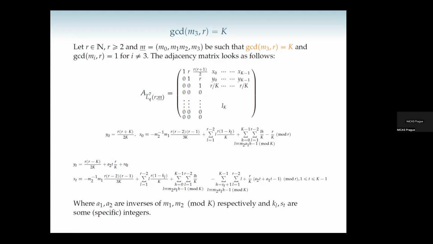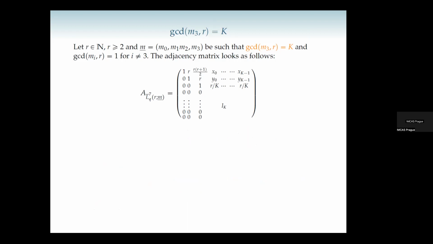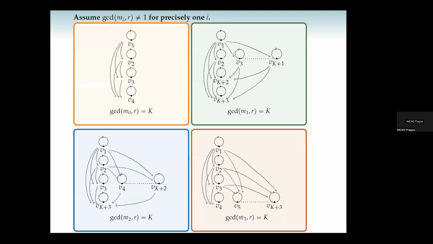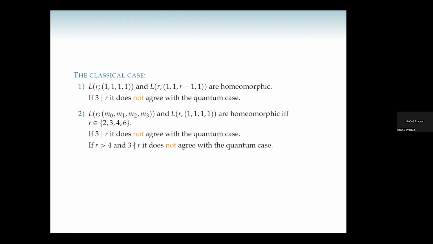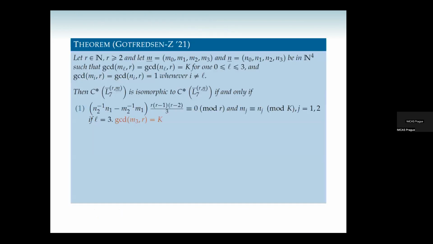But it is possible to do it. And that's also the reason why we have only assumed that one of the weights is not 1, because otherwise it grows bigger and becomes even more complicated to write up. But we have done something similar to this in all of the 4 cases here. And then I can show you the result.